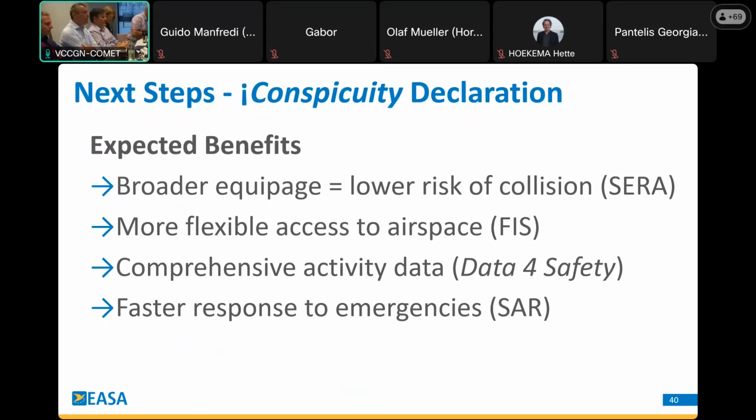Then we hope, based on the data, to be able to have more flexible access to airspace because there will be more visibility about all traffic, not only the traffic using transponders. We hope to get comprehensive activity data fed into data for safety. We are missing exposure indicators desperately. And in general aviation, your flights are private flights.